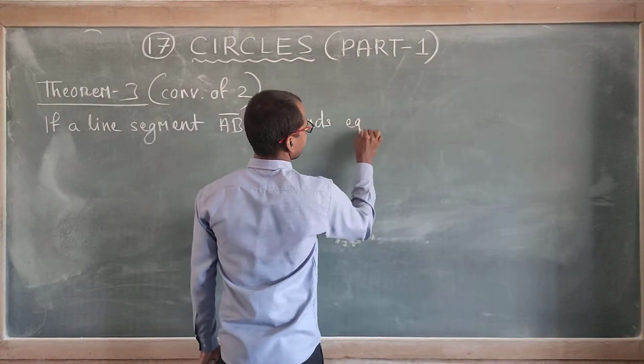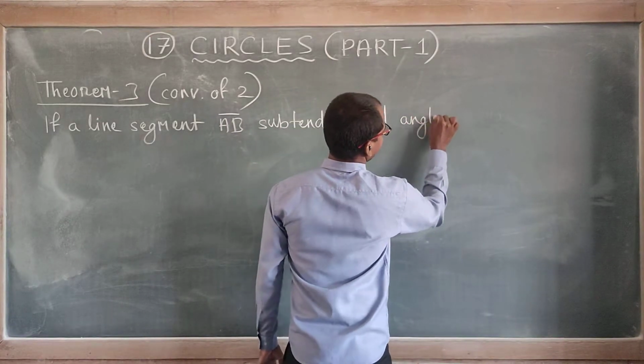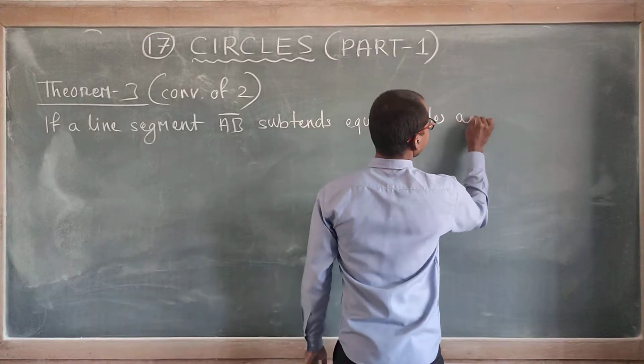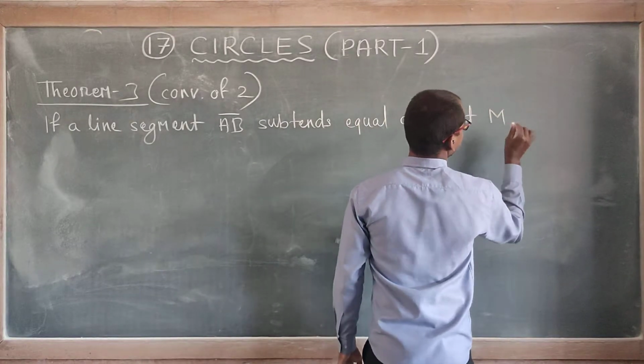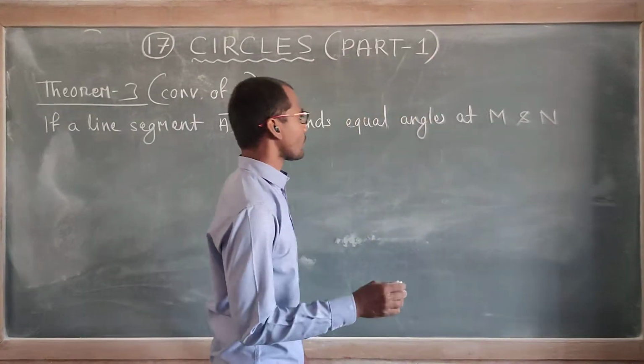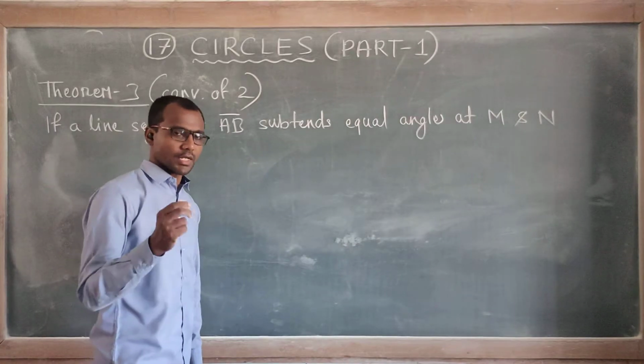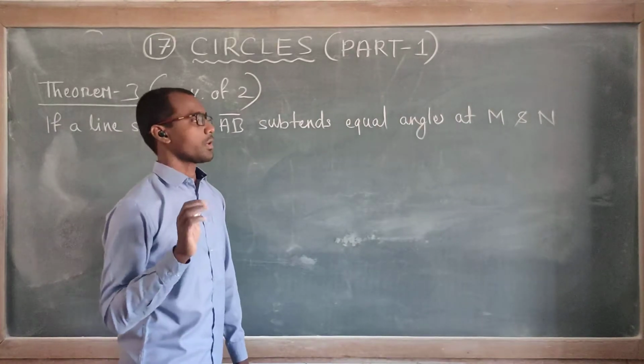Suppose there are 2 other points, M and N, at which the line segment AB is subtending equal angles.